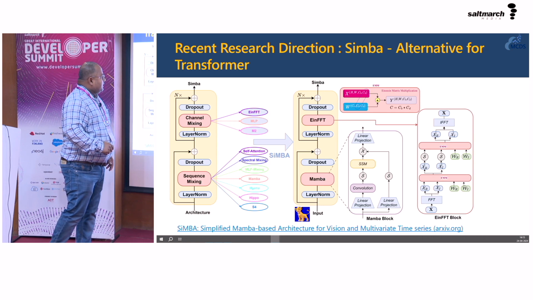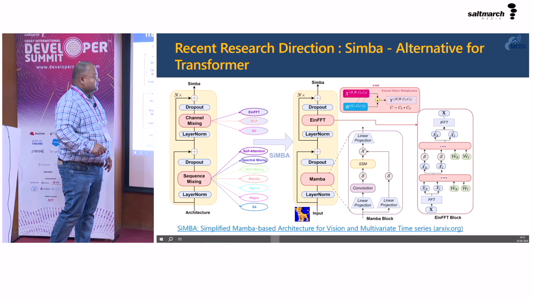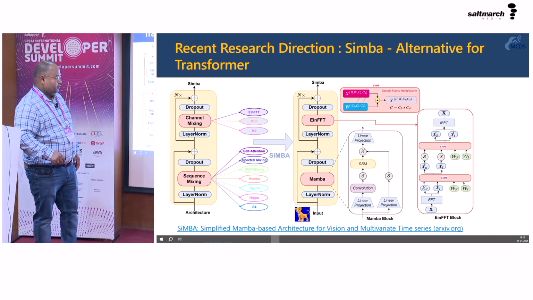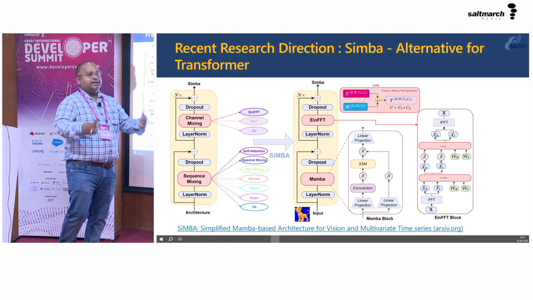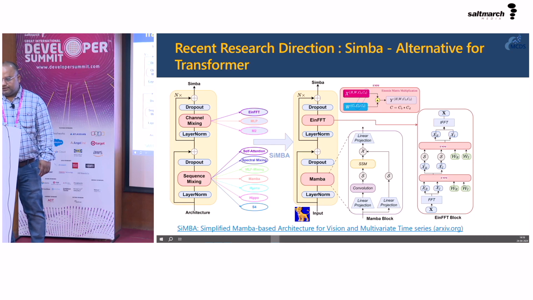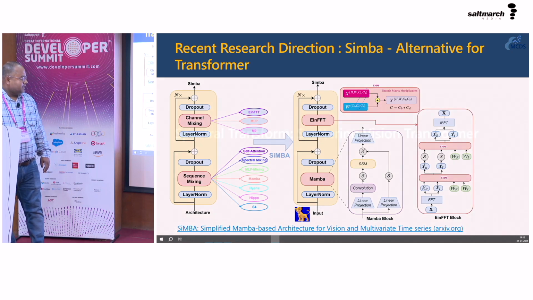Then they have the Einstein FFT. The Einstein FFT basically uses Einstein matrix multiplication in the fast Fourier domain, and that gives them better performance. This paper is available and is recent, from March, so you can check it.